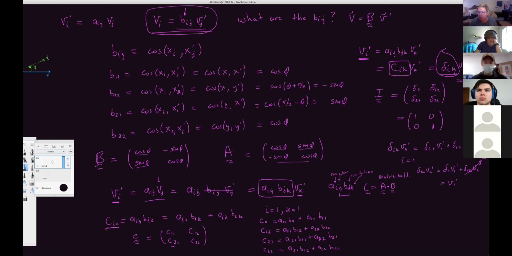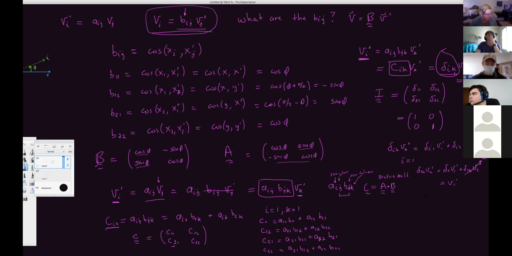So the elements of the matrix here are given by these elements multiplied together. And then we said it has to be delta_ik, and we explained what delta_ik is. It's the identity matrix, or elements of the identity matrix, with the rule that if the indices are the same, you get 1, and if the indices are different, you get 0, right? Okay.